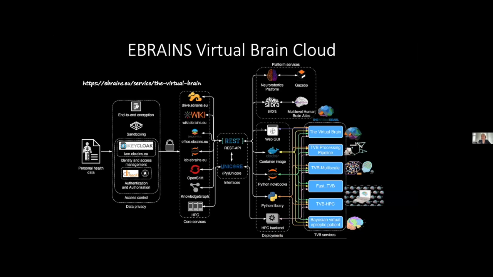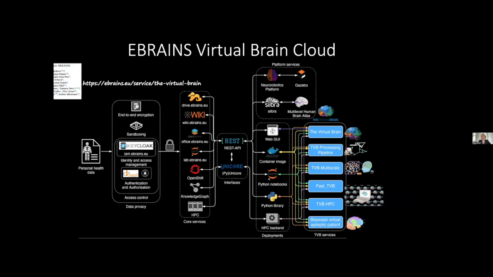You will see a couple of workflows and services that have been integrated with these core functionalities of EBRAINS today around, for example, The Virtual Brain. Here on the right side, the light blue boxes indicate some of those software components that you will see today during the course of the workshop.